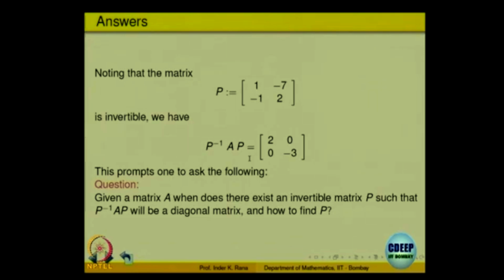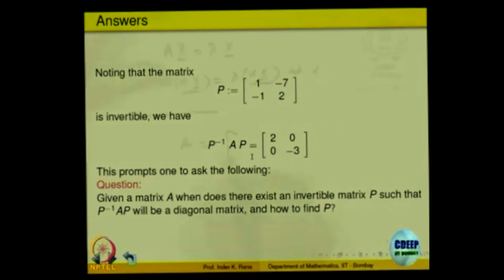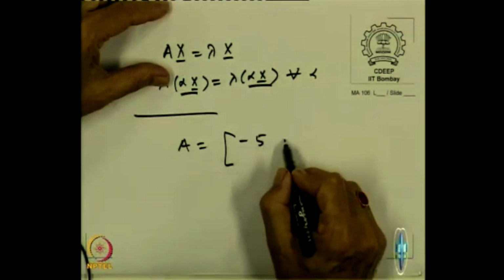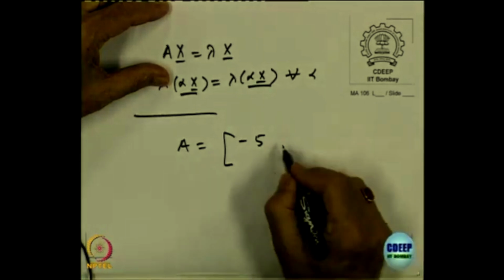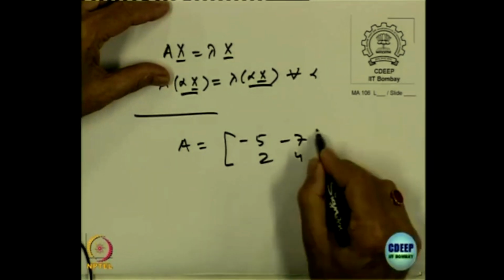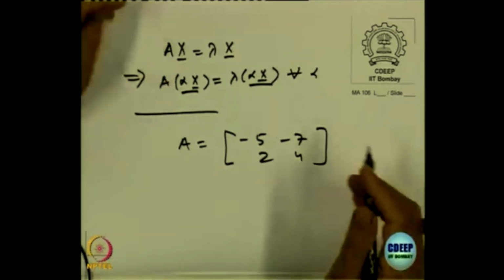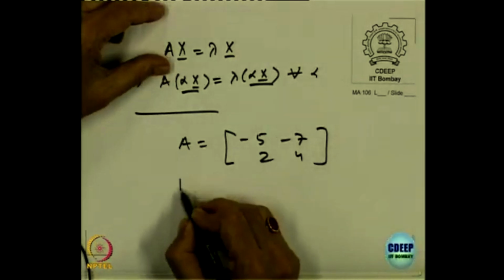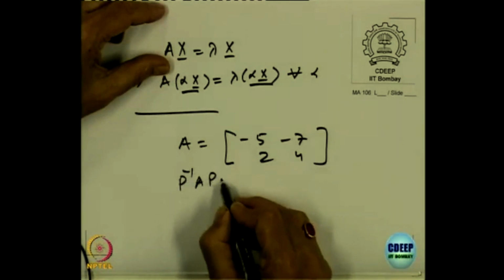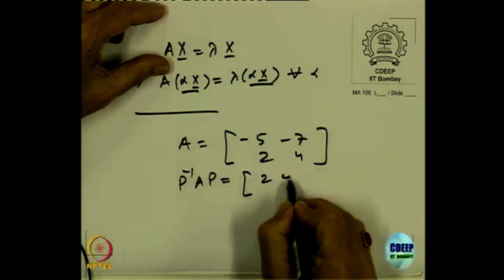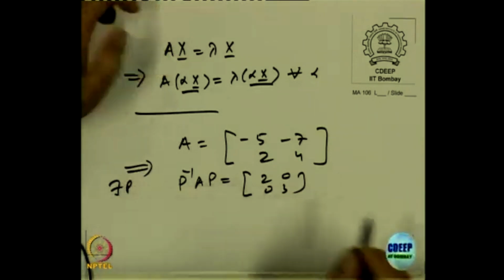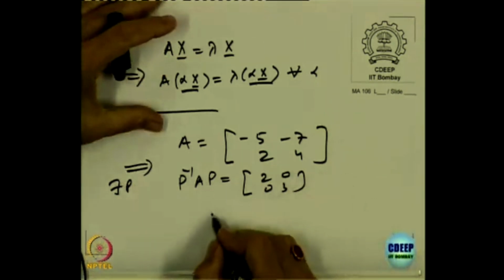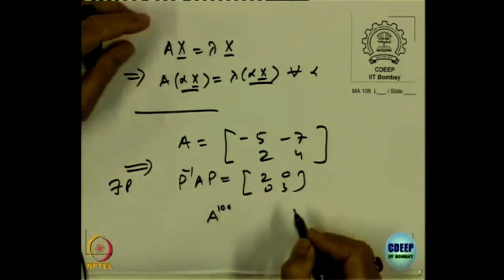For this matrix A, I have got P inverse AP equal to the diagonal matrix 2, 0, 0, 3. There exists P such that this holds. I want to compute what A raised to power 100 is.